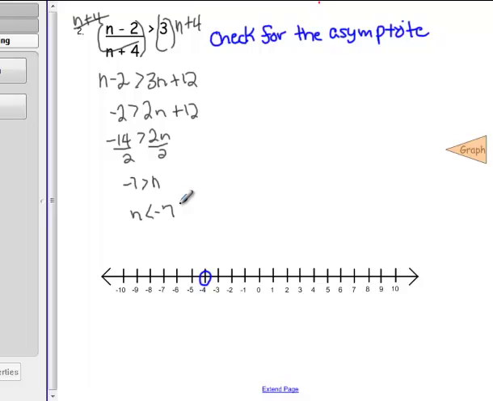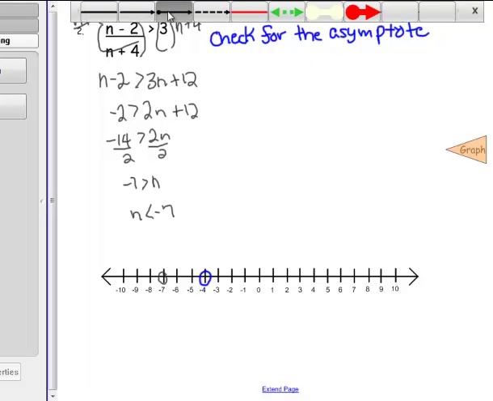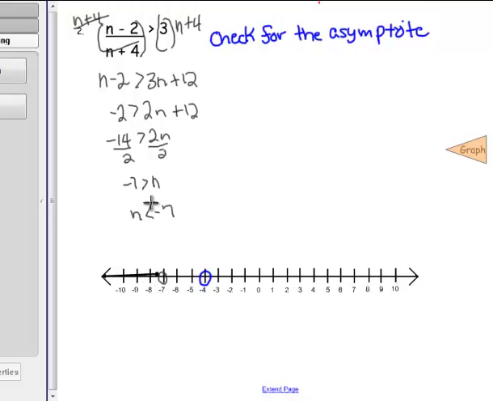Oh, wait a second. -7. That's that number right there. So here's where it gets tricky. You think that your answer would be anything less than -7, but not fast. No, not right.